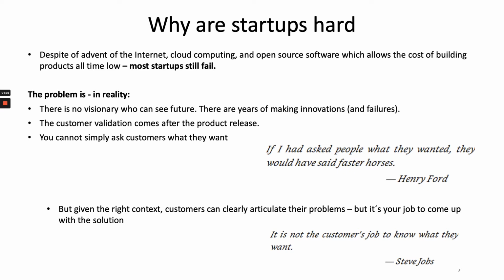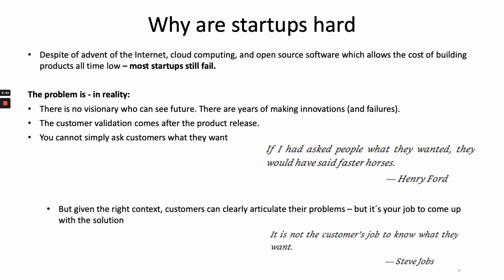But given the right context, customers can clearly articulate their problems, but it's your job to come up with the solution. It's not the customer's job to know what they want. Get the example from Steve Jobs. So if you give the right context, the background information, customers can tell you what the problems are.